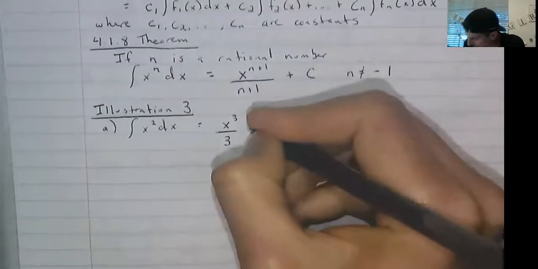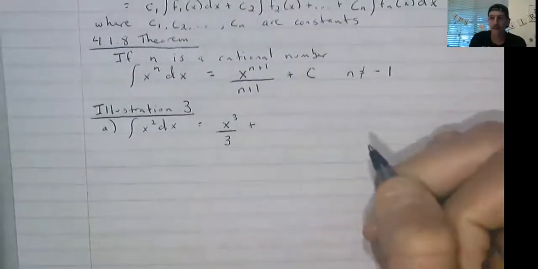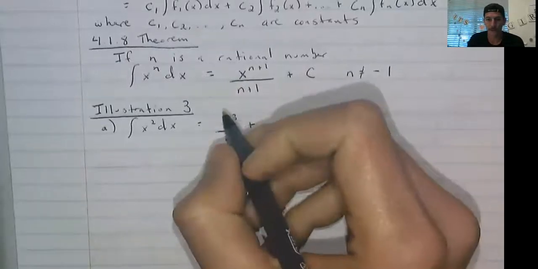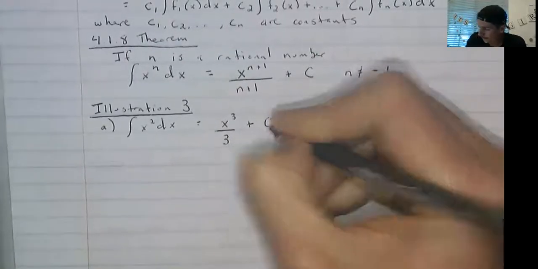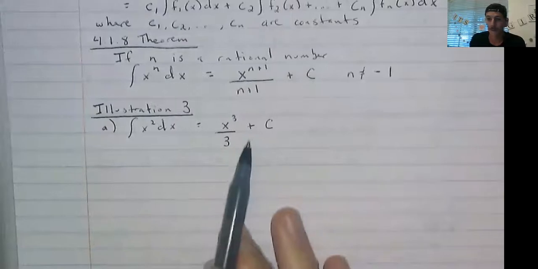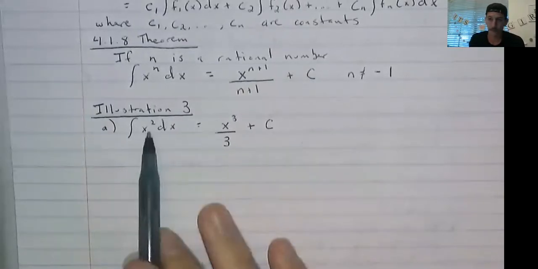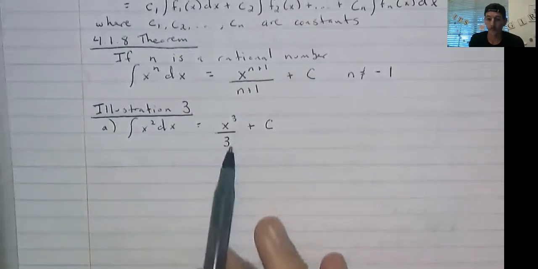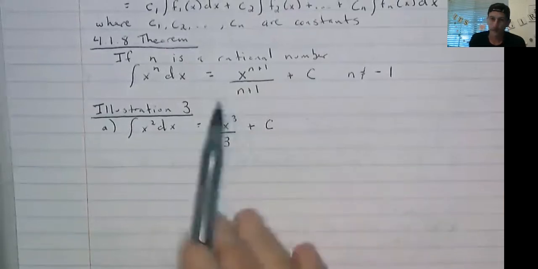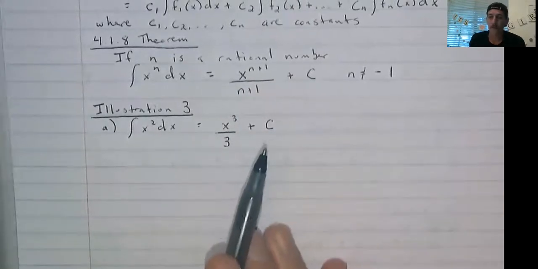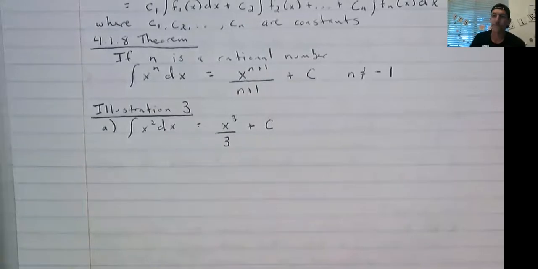But we cannot forget, and this will be a constant pain if you forget this, you've got to add c. Because this could be x cubed over 3 plus 10, or whatever you want to add to it, and it will still get you back to that derivative.